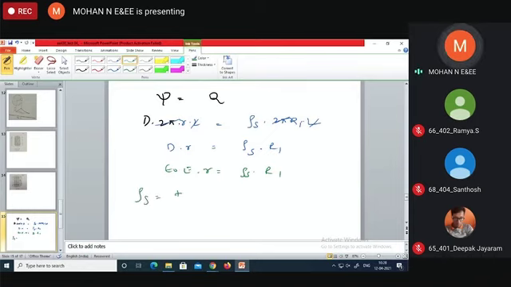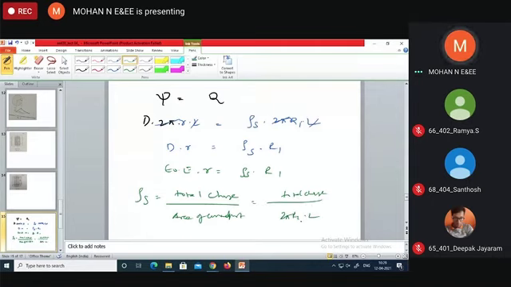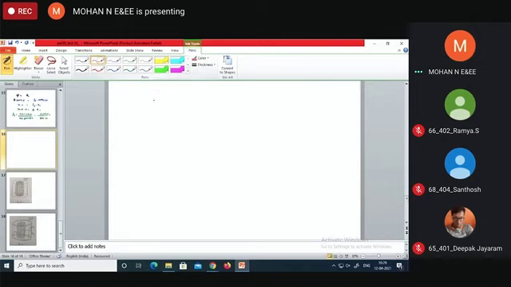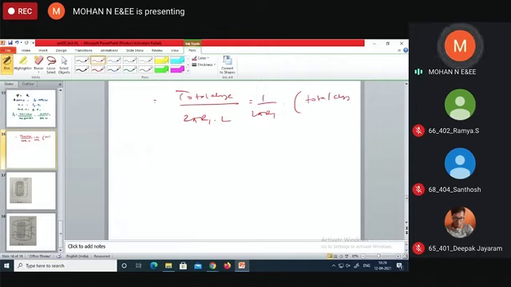But rho s is nothing but total charge by the area of the curved part, so total charge by 2 pi r1 into L. That is equal to 1 by 2 pi r1 into total charge by L. So how do you write total charge by L?